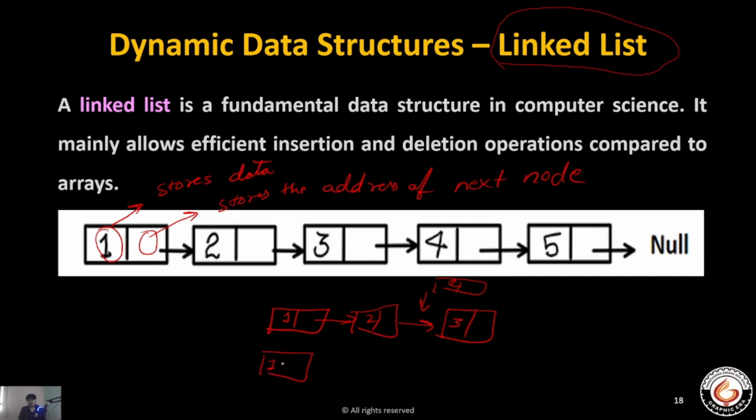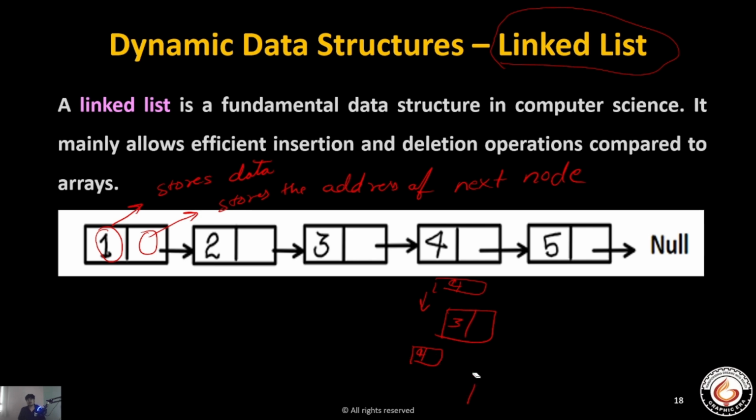Firstly, node 1 will point to 2 as before, and now this second node will point to node 4. Let me show you here. It will point to node 4, and this node 4 will point to the third node. This is how insertion is so easy in a linked list.